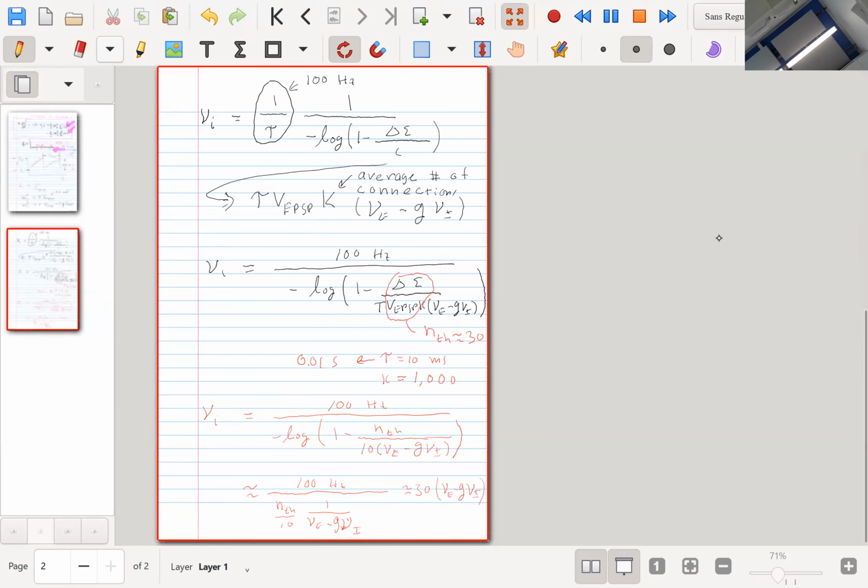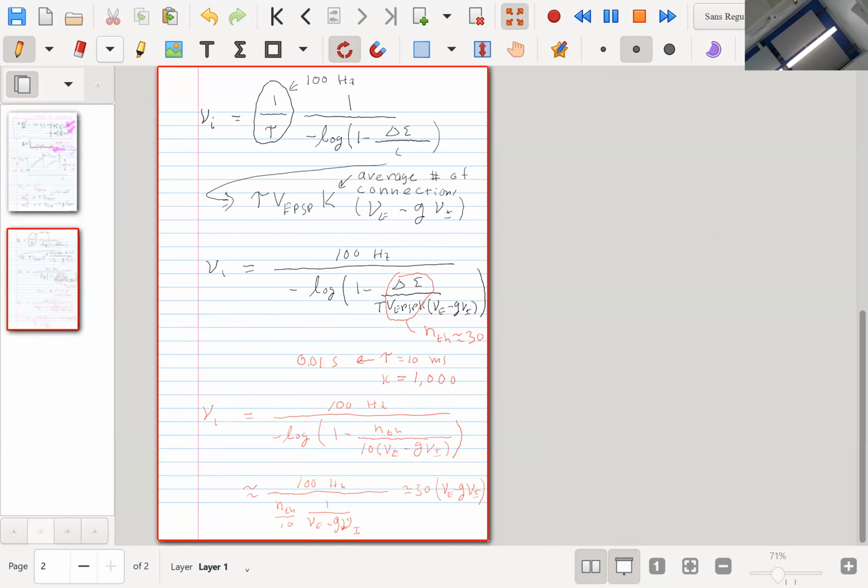Okay. So the firing rate of our neuron is very sensitive to the firing rates of the presynaptic neurons. It's a factor of 30. So if nu E is 1 hertz and nu I is 0, the firing rate of our neuron is going to be about 30 hertz. And if nu E is 10 hertz and nu I is 0, our firing rate will be 300.